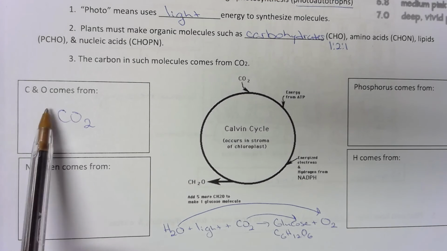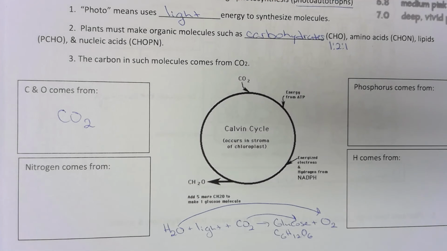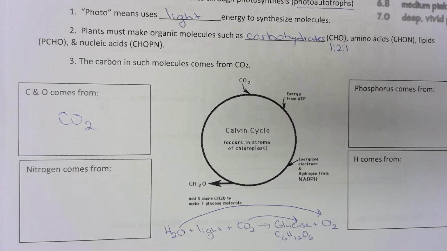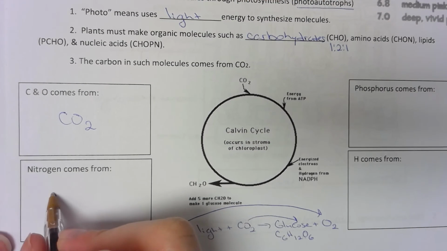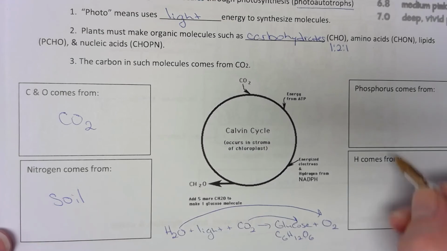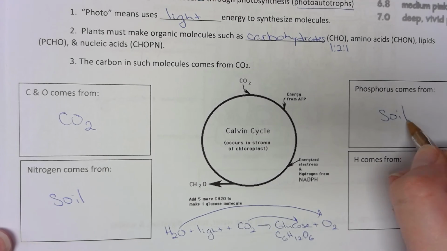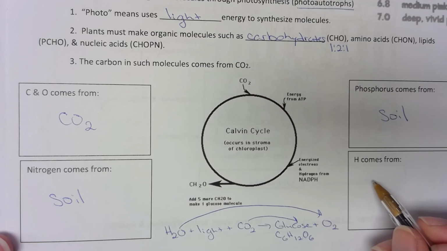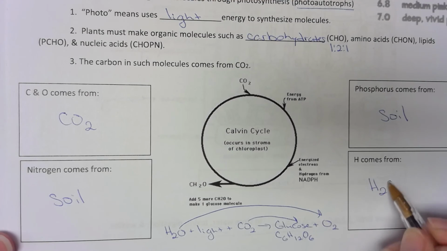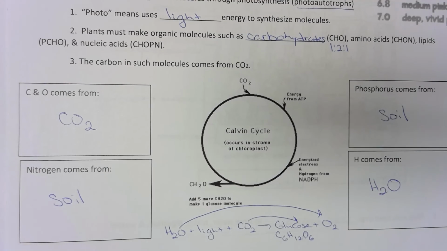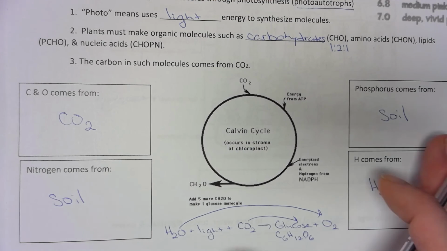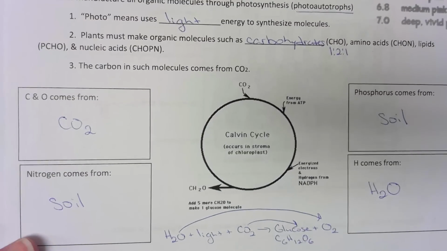So the oxygen and the carbon right here come from CO2. Nitrogen is actually going to come from soil, as well as phosphorus. There's only one place the hydrogen can come from. None of that should be too new for you guys.